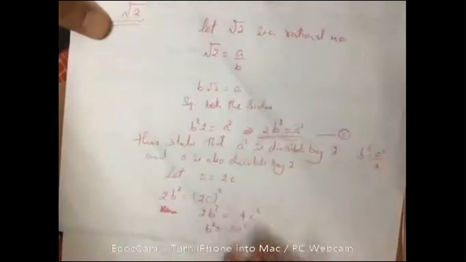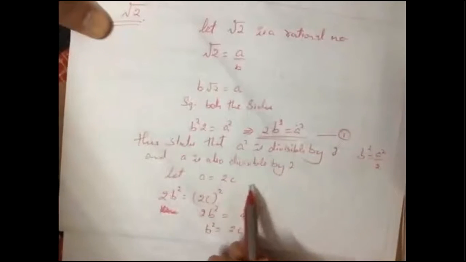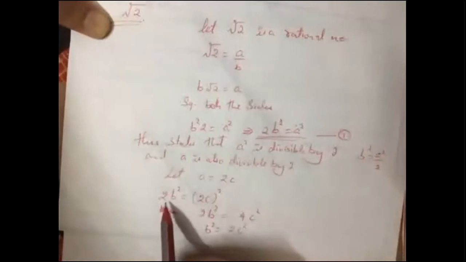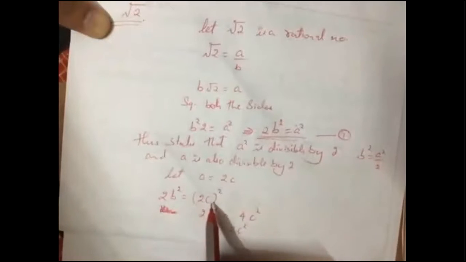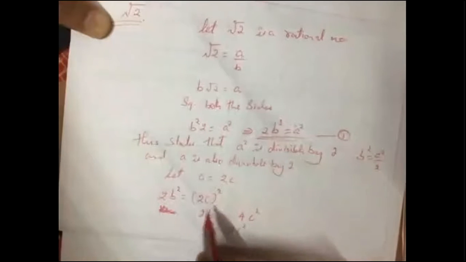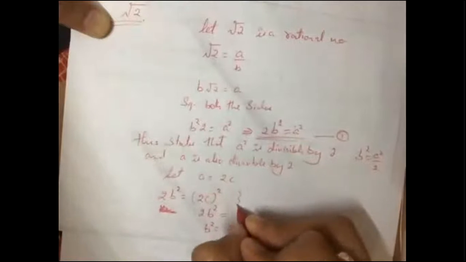Next, when a equals to 2c in equation 1, putting a equals to 2c, we get 2b square equals to 2c square. Now ये कैसे आ गया, squaring 2b square equals to 2c square, from equation 1.